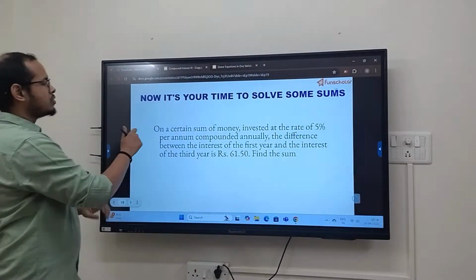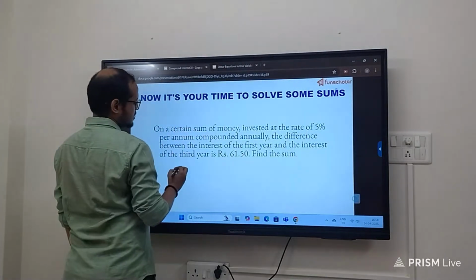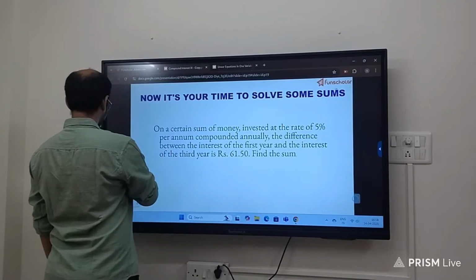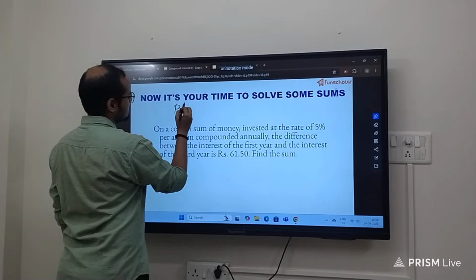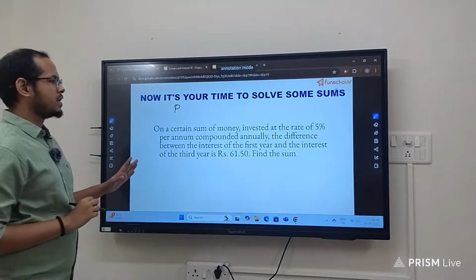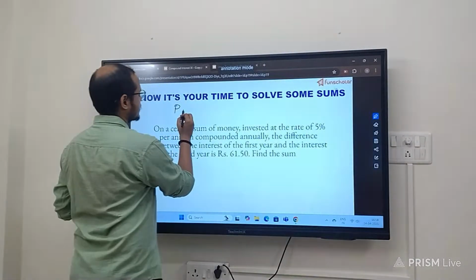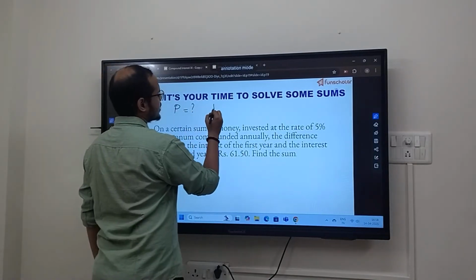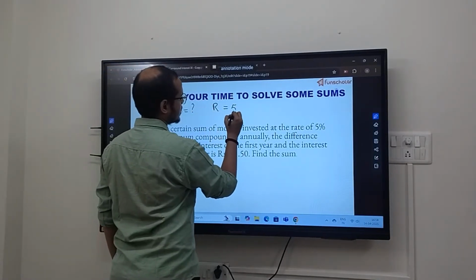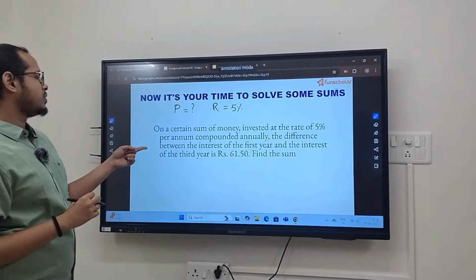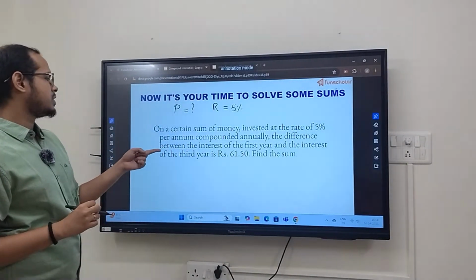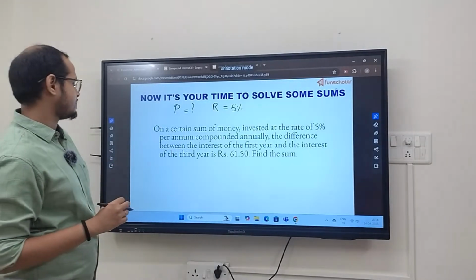So we don't know the principal here, so let the principal be P. Rate is given as 5%. Then compounded annually, the difference between the interest of the first year and the interest of the third year is 61.50.